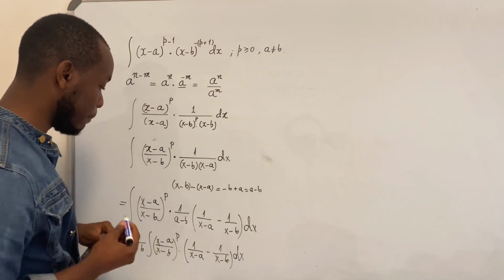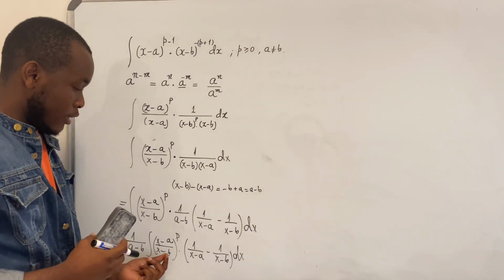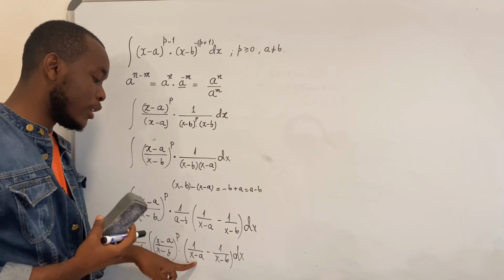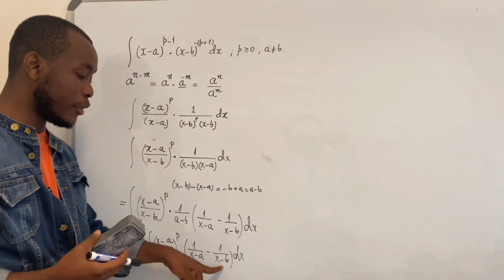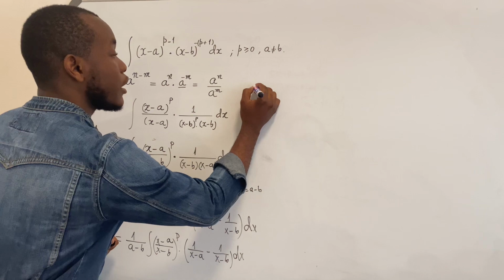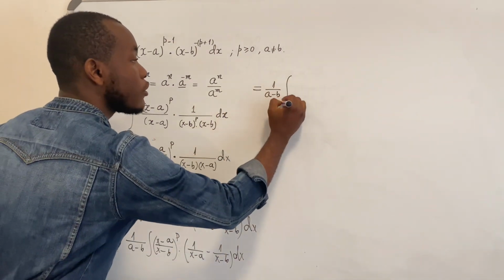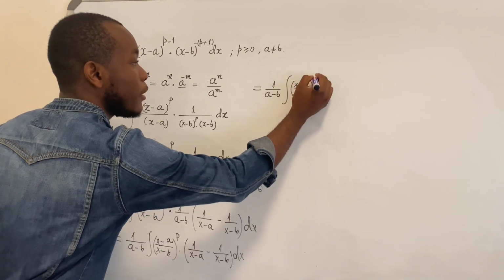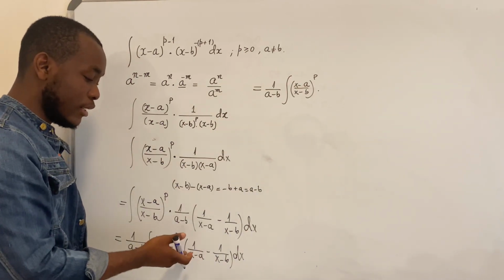Okay, now if we check, this expression comes from the derivative of ln, natural logarithm, and this expression also comes from the derivative of ln, natural logarithm. So what we can do, then we can say this will be equal to 1 over a minus b, and this will be the integral of x minus a over x minus b to the power p times, we know that this one comes from derivating ln, right?